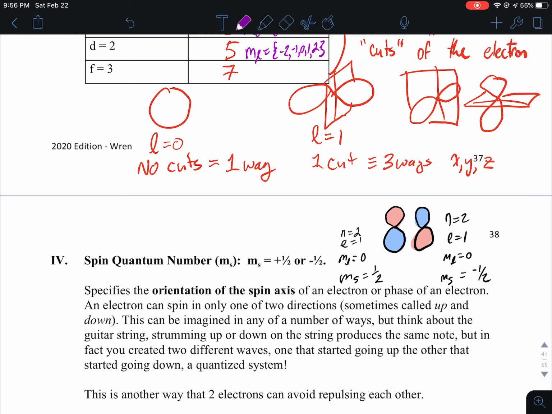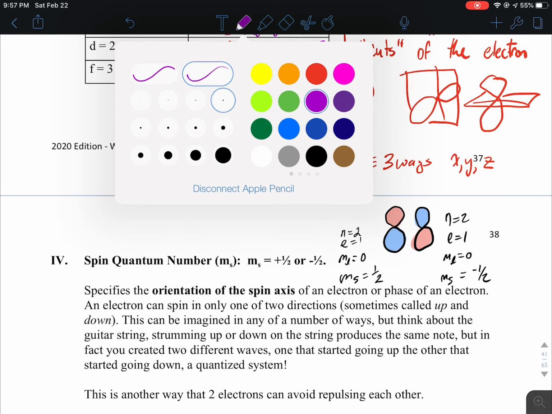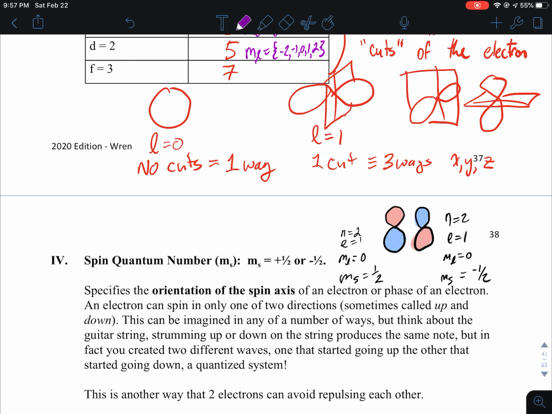The last thing that they noticed was that any orbital seemed to also be able to fit 2 electrons into it, and that's because there are 2 possible solutions for this 3-dimensional space. Thinking back to my model of imagining a little wave that goes like this, we're going to spin this wave in 3 dimensions to get our shape.